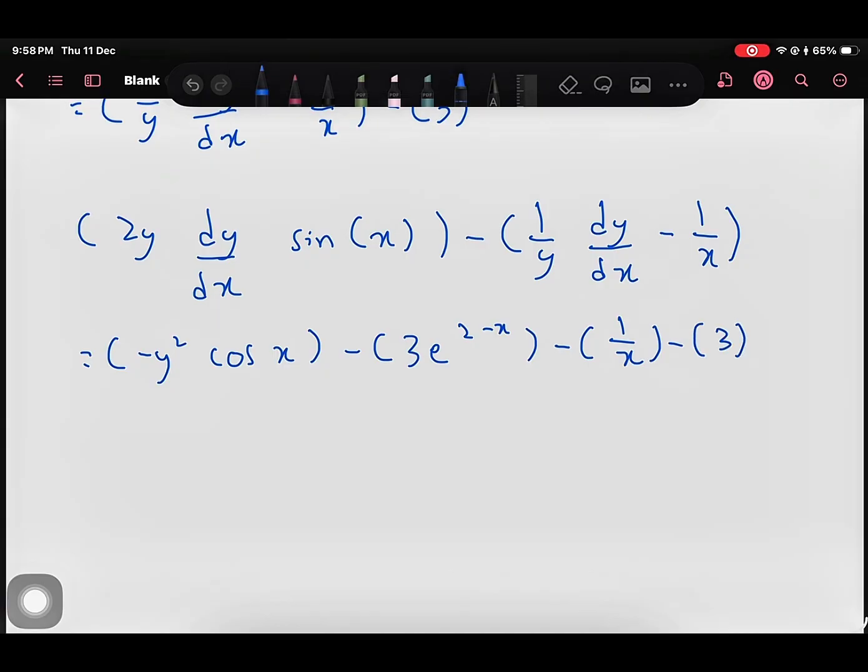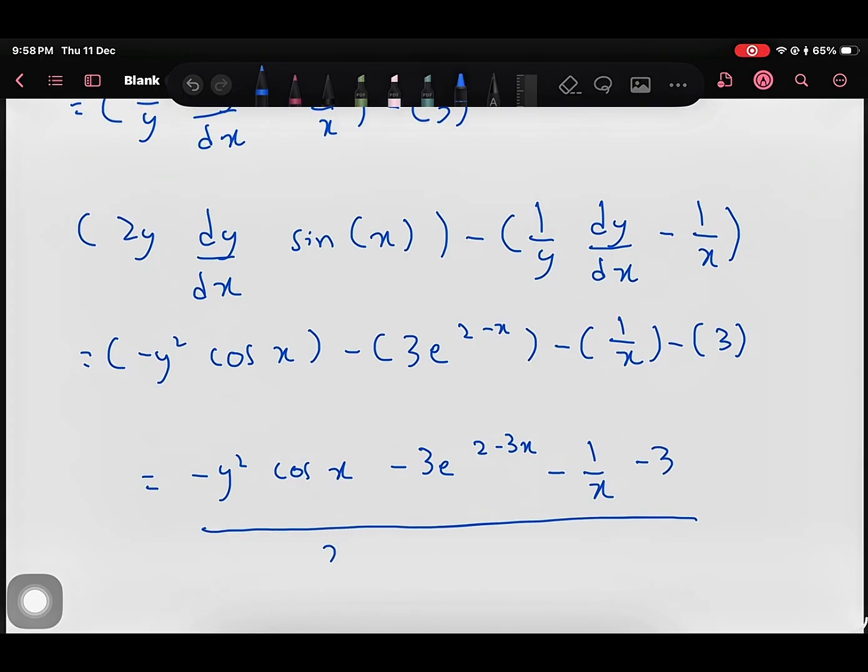Next, negative y power of 2 cos x minus 3e power of 2 minus 3x minus 1 over x minus 3, and divide by 2y sin x minus 1 over y. And that's all for question 3.